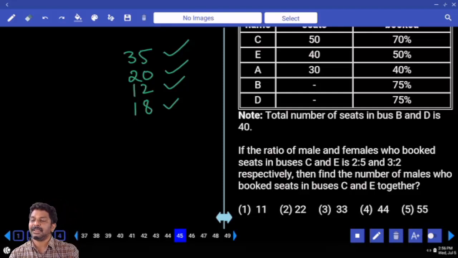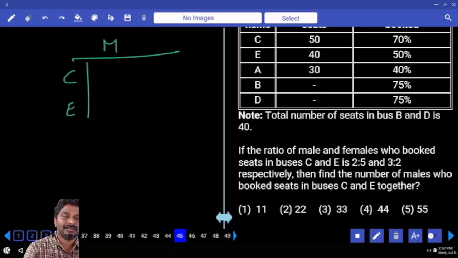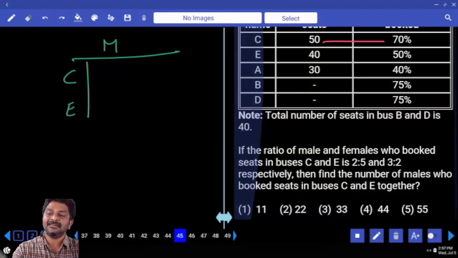If the ratio of male and female who booked seats in bus C and E is 2 is to 5 and 3 is to 2 respectively, find the number of male who booked the seats in C and E together. Is it about total seats or booked seats? We just need to calculate male value, right? In C, how many are booked?